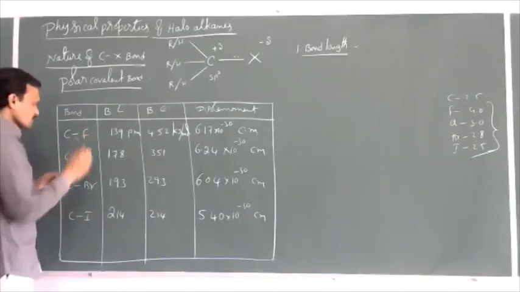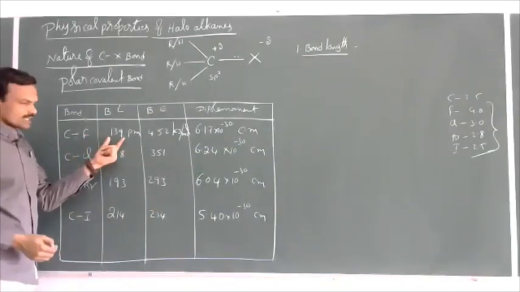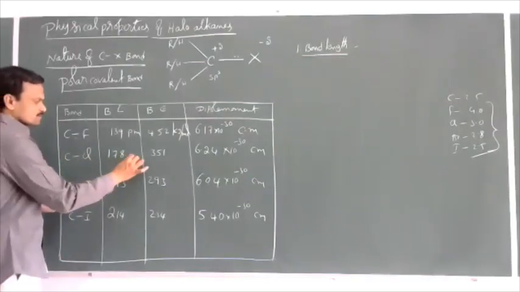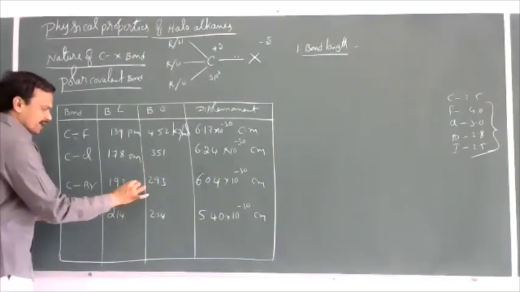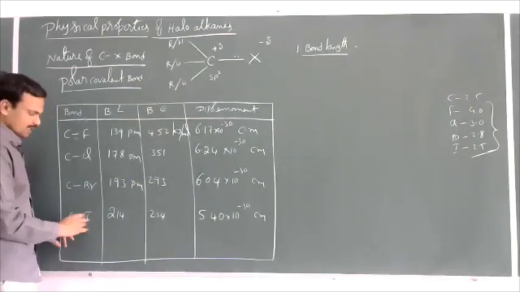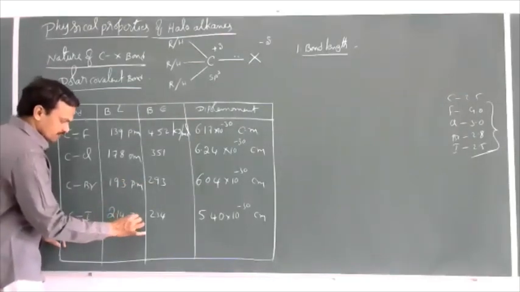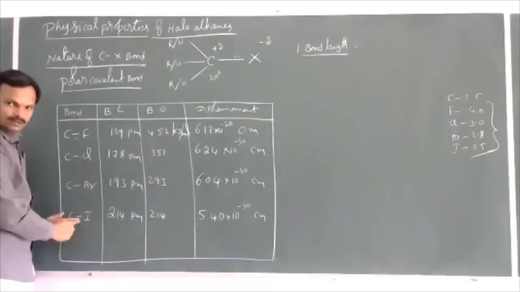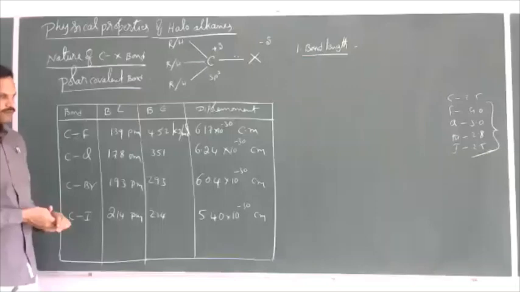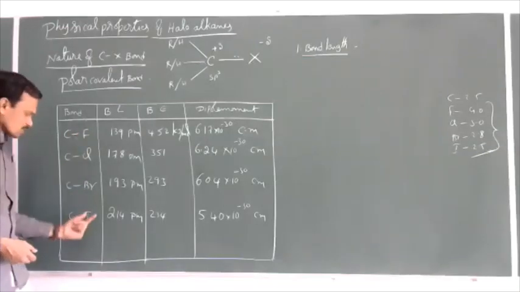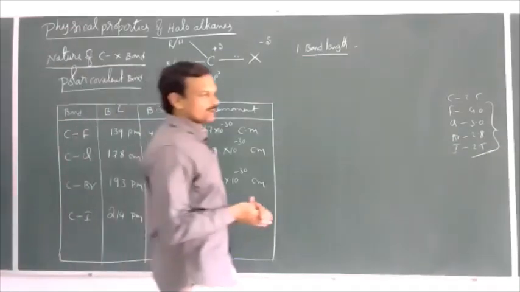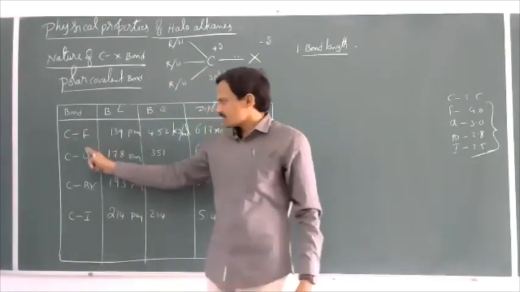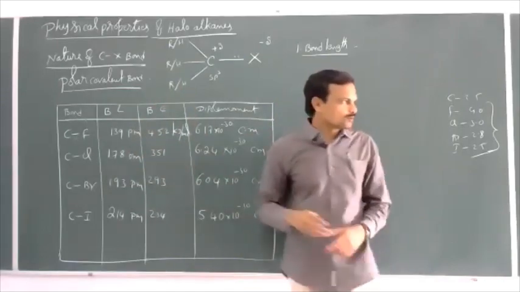C-F 139 picometers, C-Cl bond 178 picometers, whereas C-Br bond 193 picometers, C-I 214 picometers. So from C-F to C-I, the bond length increases because in a group from top to bottom, the size of the atom increases. Carbon remains fixed here, but the size of halogens increases gradually from top to bottom.